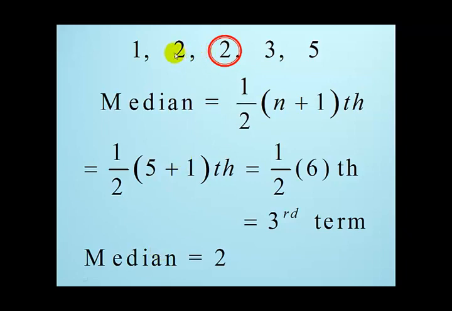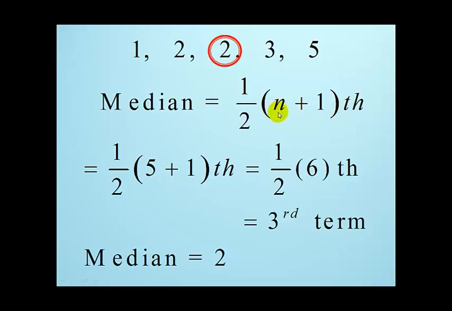So if you look at the median, median is given by half n plus 1 item. Now n is equal to 5. I repeat, after arrangement we have 1, 2, 2, 3, 5. Now because n, that is 5, is an odd number, the median is calculated using the relation: median is equal to half n plus 1 item, and n has given us 5.